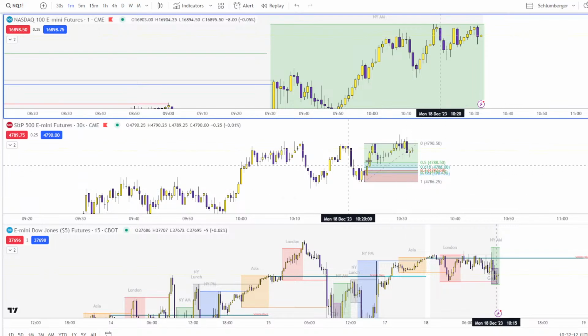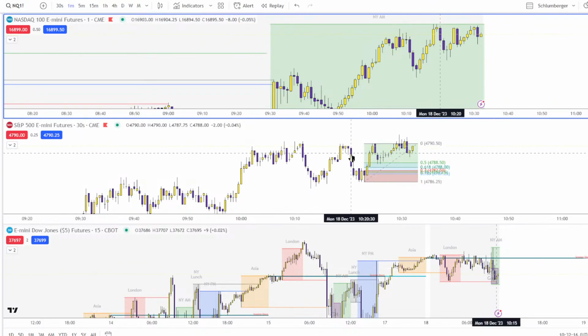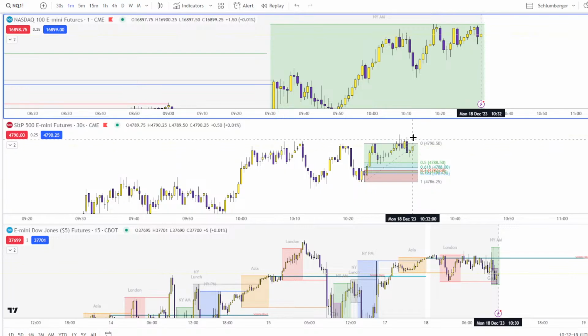Now if it just rolls over, we're still inside this inversion, so we can get inversion support and push through this. You want to see this order block give way, then if we're going to drive through it, that needs to give way.